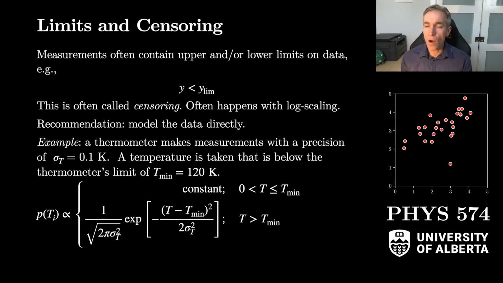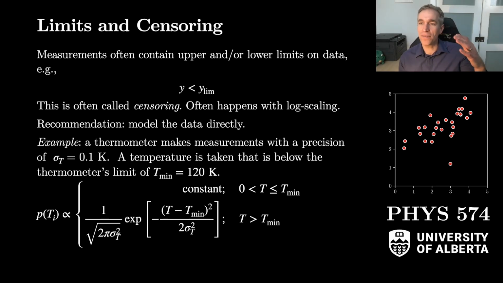And this often happens when you log scale data. So if you take a bunch of measurements and you do a logarithmic transform because you want to turn a power law relationship into a linear relationship for fitting, you'll discover that a number that's like -2 plus or minus 5 in your original measurements will then log transform to an invalid number that your fitting does not want to deal with.